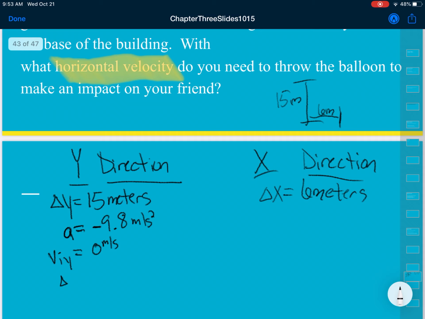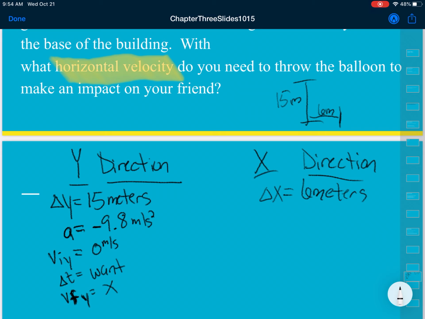Our delta t is our unknown, and our v final in the y direction we don't care about right now. So that's kind of everything we know in the y direction.